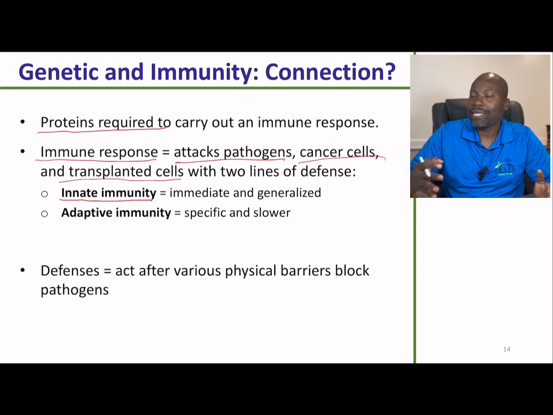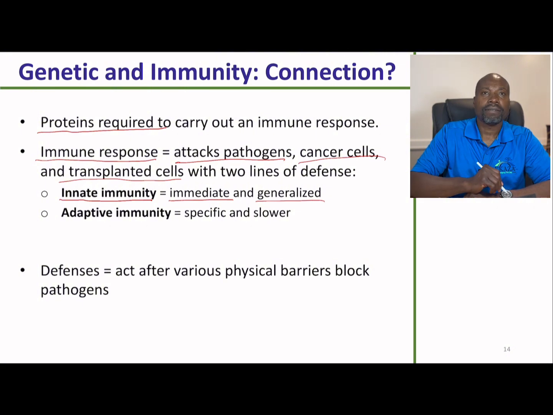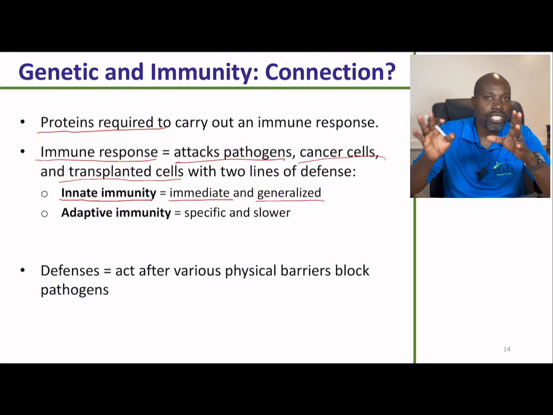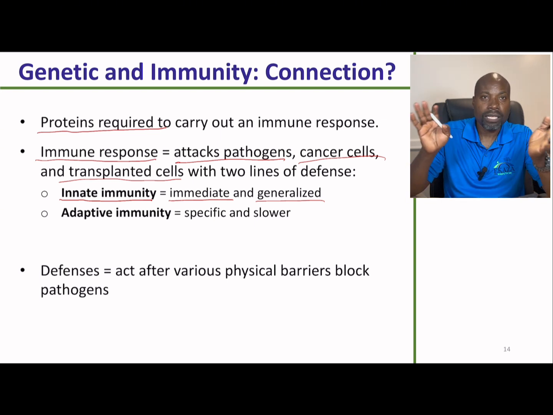Obviously, that immunity is not going to be specific, right? So the advantage of innate immunity is that it is immediate and it is generalized, right? It doesn't make any distinction of whether you have been exposed to that infection before or not.